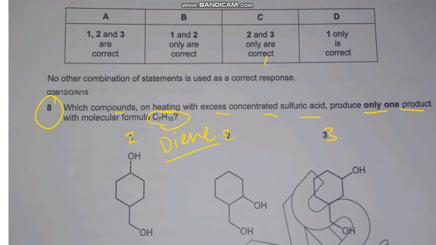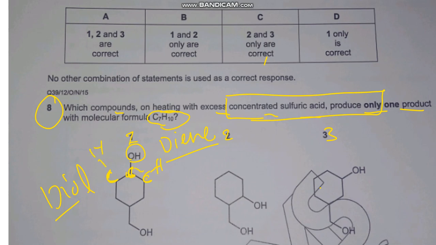Here, when there is dehydration, these are diol structures. If we dehydrate the alcohol in the presence of sulfuric acid, as we know sulfuric acid is a dehydrating agent, the OH will be removed from that carbon, and from the adjacent carbon, either from here or from here, the hydrogen will be removed and the double bond will be inserted.